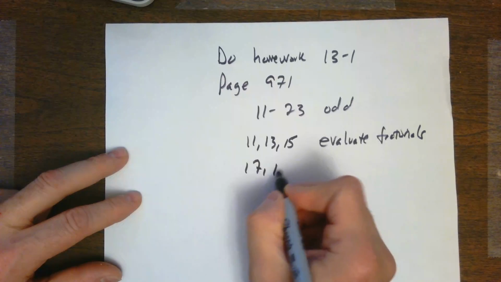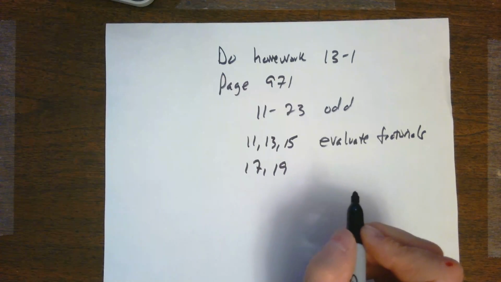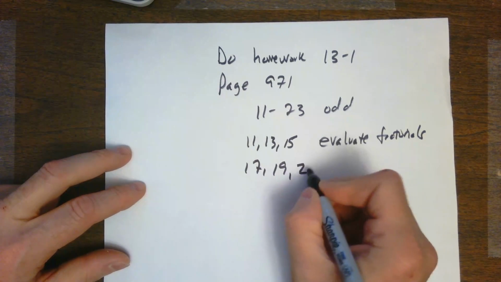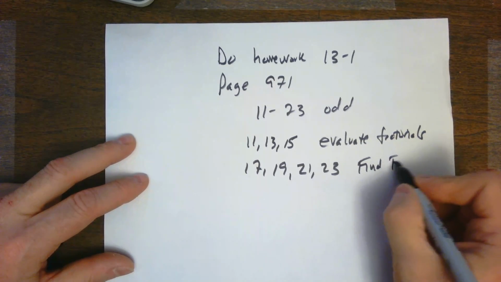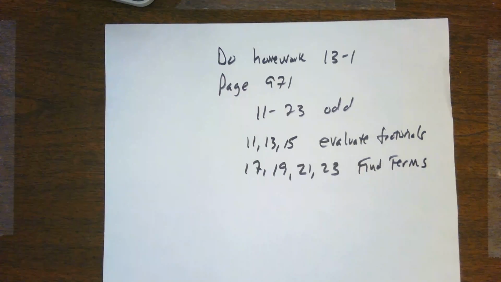And 17, 19, 21, and 23 are finding terms, generating the first 5 terms in a sequence.